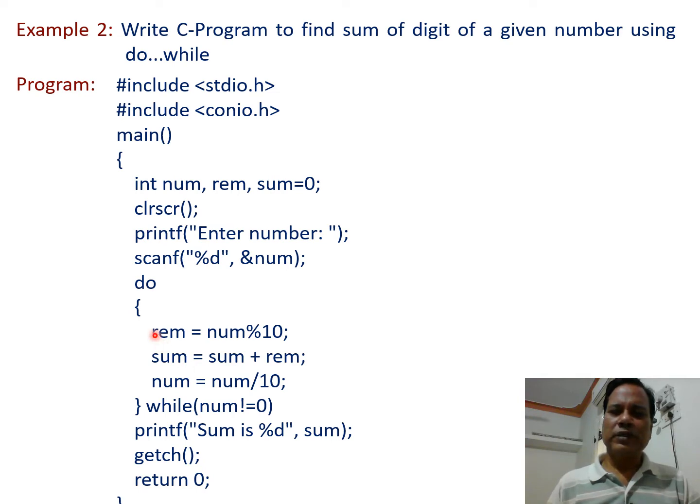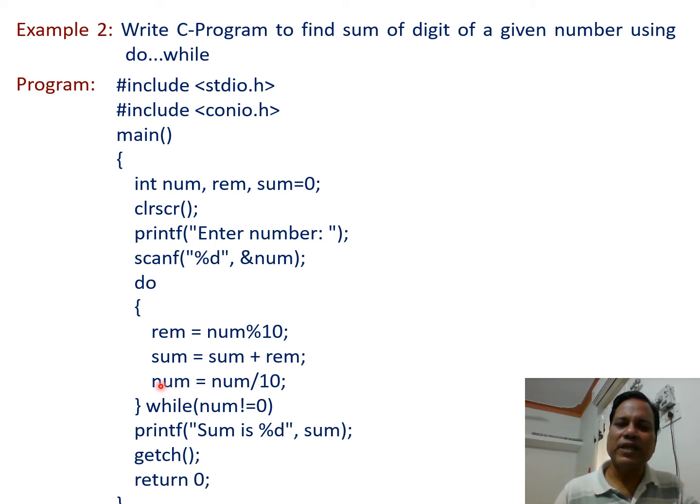So this last digit is added to the previous sum, that is 0, by the statement sum equal to sum plus rem. So the remainder is added to the initial sum value, that is 0, and assigned to the left side variable sum. The next statement obtains the number after separating the last digit.